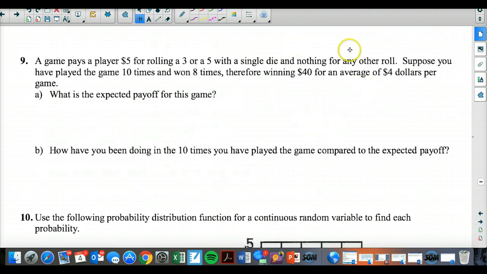Here we go. What is the expected payoff for this game? A game pays a player $5 for rolling a 3 or 5 with a single die and nothing for any other roll. Suppose you have played the game 10 times and won 8 times, therefore winning $40 for an average of $4 per game.